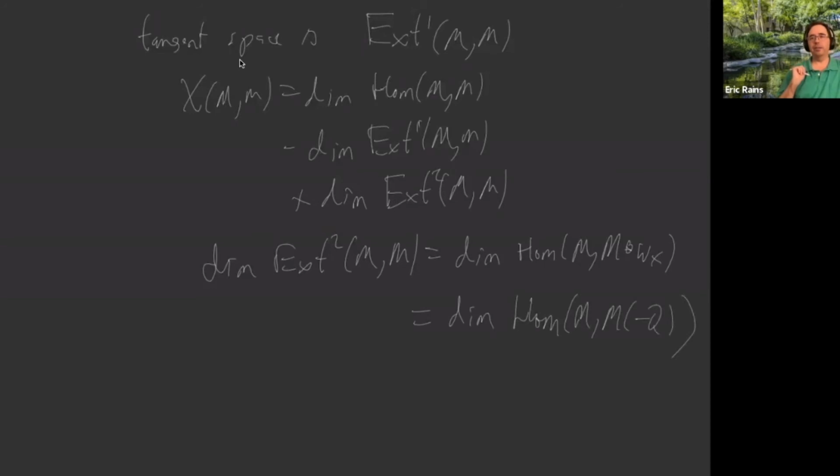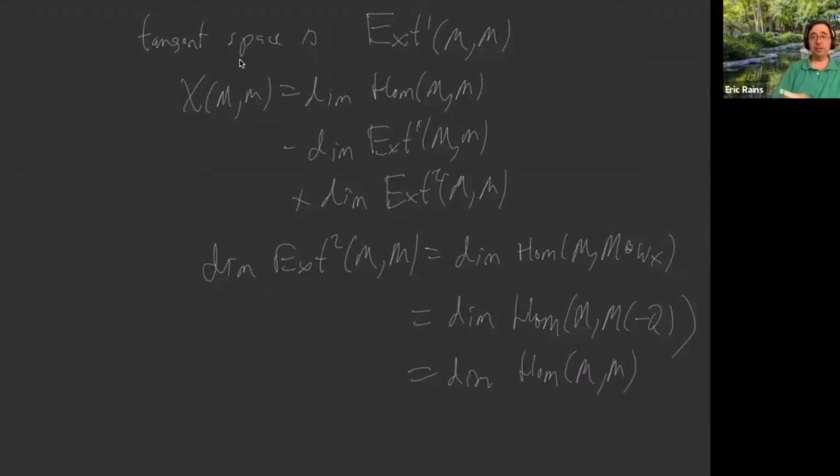And so we can rewrite this, since we don't care about having a natural isomorphism, we just care about the dimension, in terms of the anti-canonical curve. But M is disjoint from the anti-canonical curve. So this is just Hom(M,M).